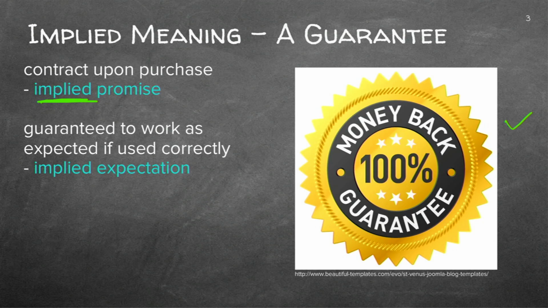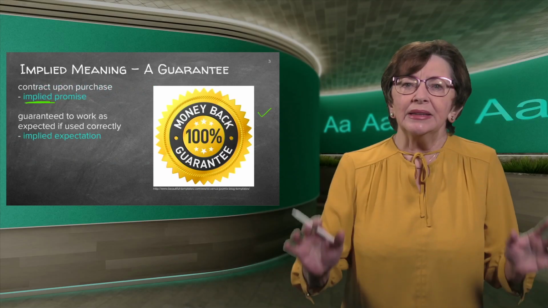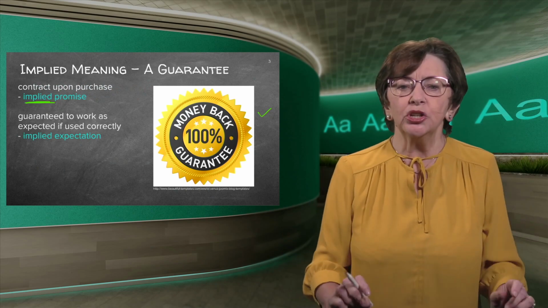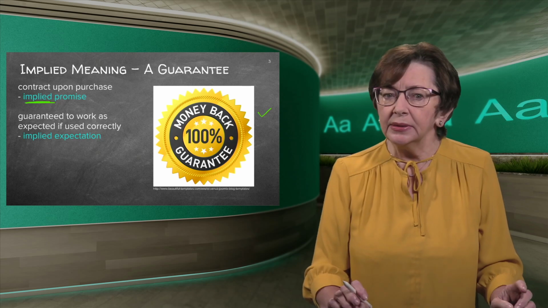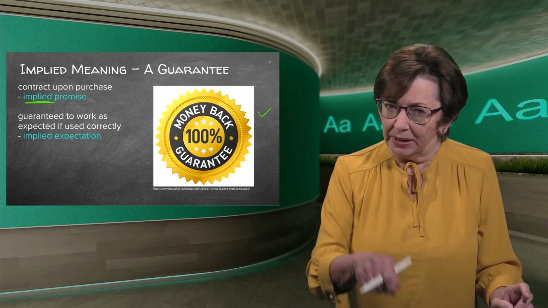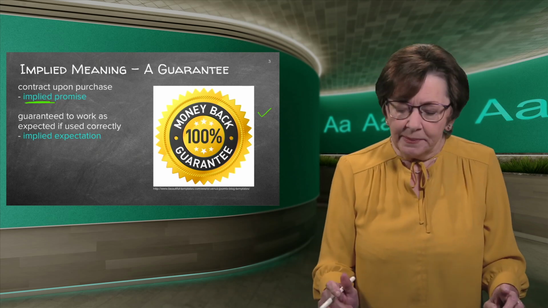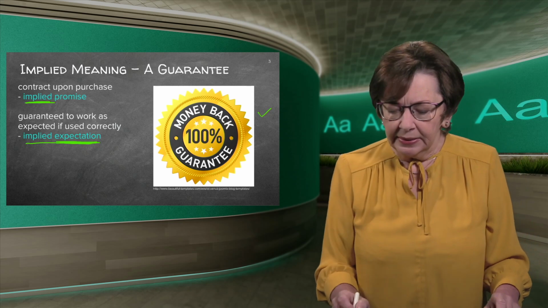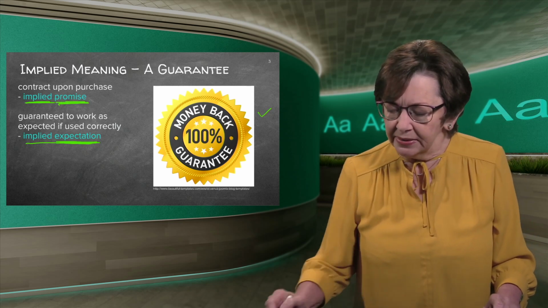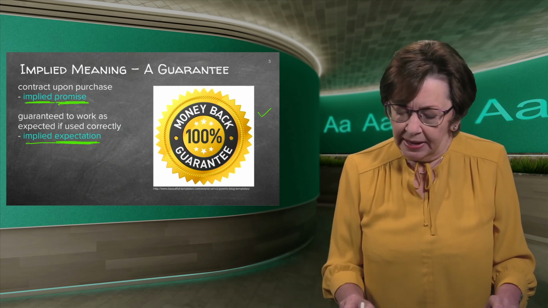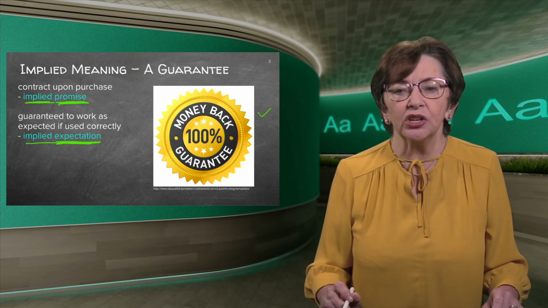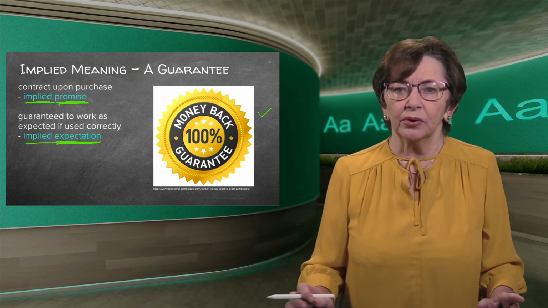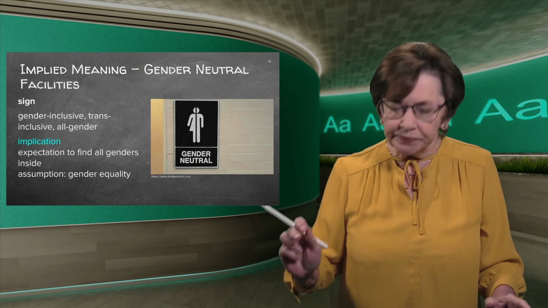It is your guarantee or your warranty, if you like. This item, this fridge, is guaranteed to work as expected if you use it correctly. You plug it in, if you use it properly. So there's an implied promise there that you can bring it back if it's not working, and there is an implied expectation that this machine will work.